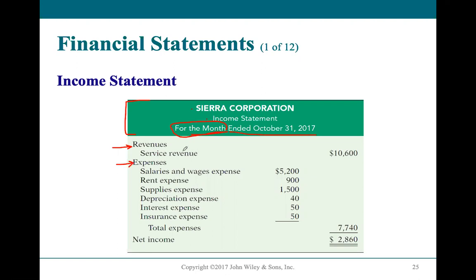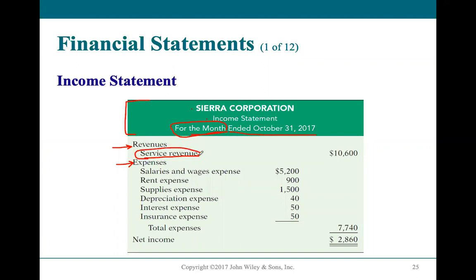If you notice here, revenue is listed first. The revenue here has a specific title, service revenue. Now, revenue is a type of account because all companies will have revenue accounts. But this is a specific name of the revenue account.